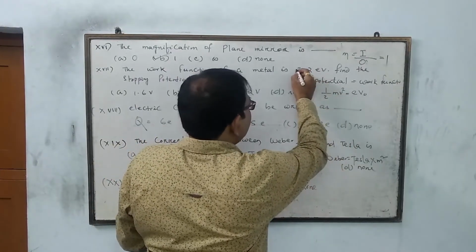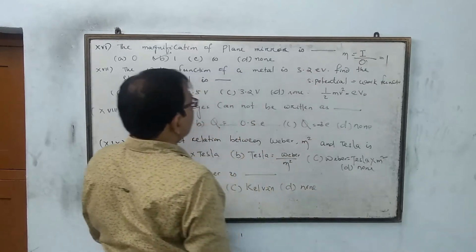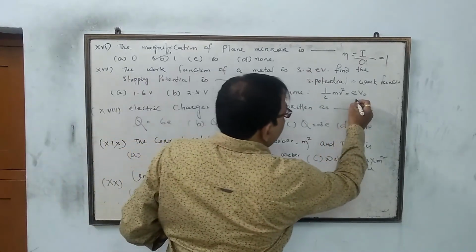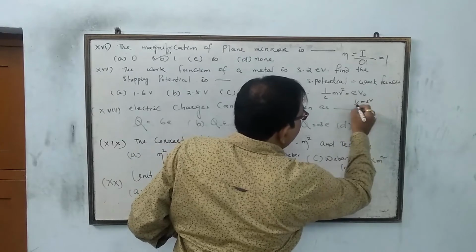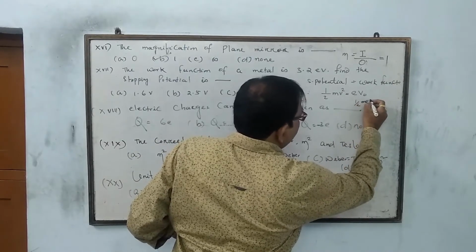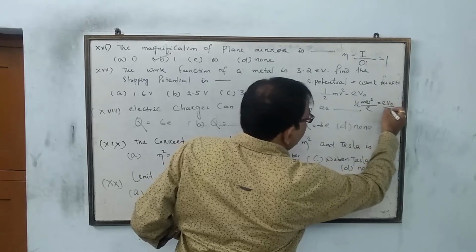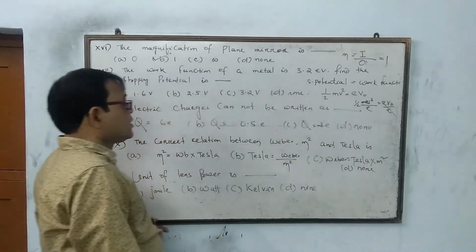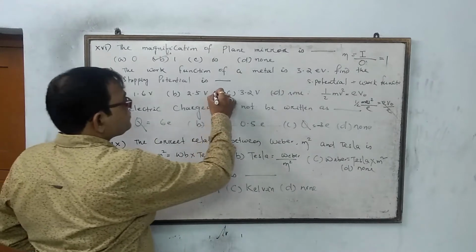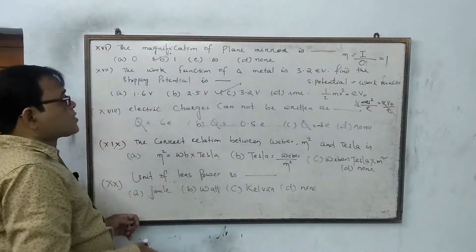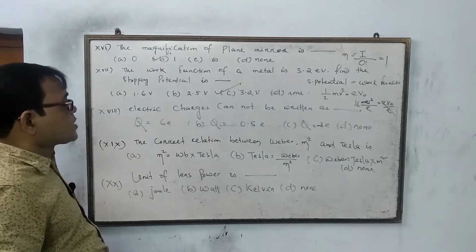Half mv square is 3.2 electron volt. So half mv square by e is e V naught by e. The e cancels, leaving only V naught. So the answer is 3.2 volt. Work function is numerically the same as the stopping potential.